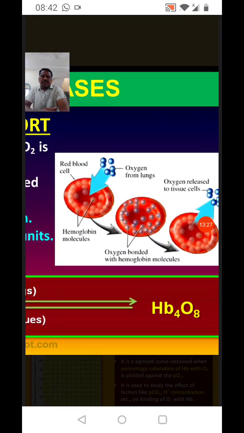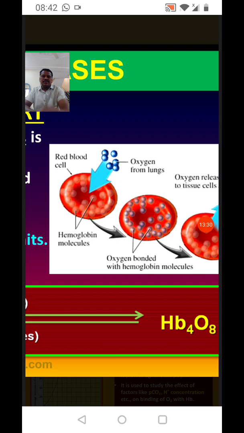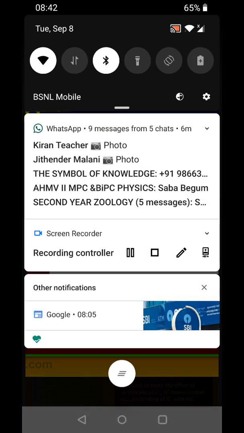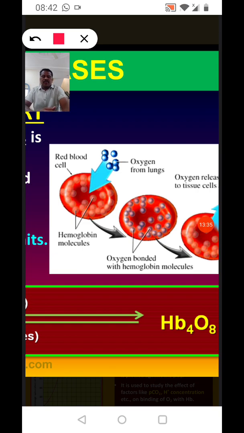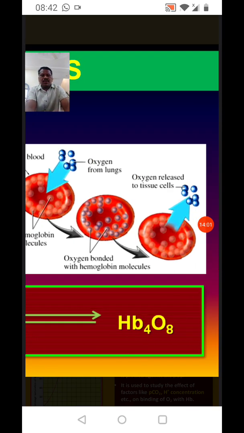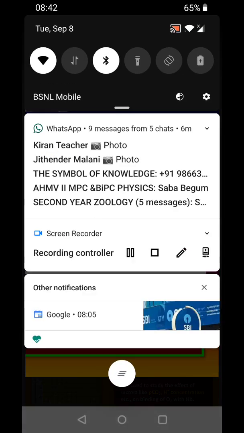Here you can see these RBC cells. Here oxygen, these blue bubbles, enters into the RBC. When they enter the RBC, they combine with the hemoglobin, and oxyhemoglobin is formed. When in the tissues, what is happening?